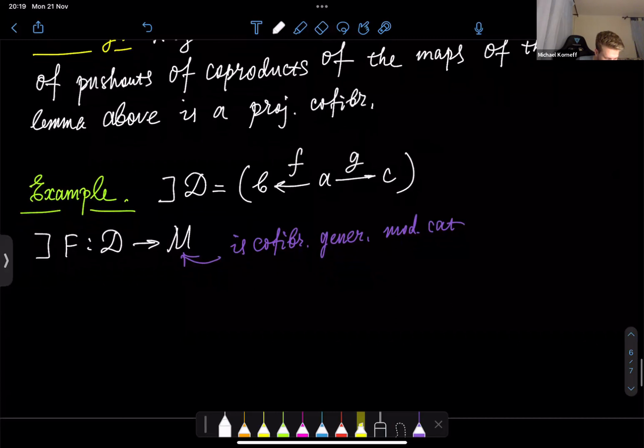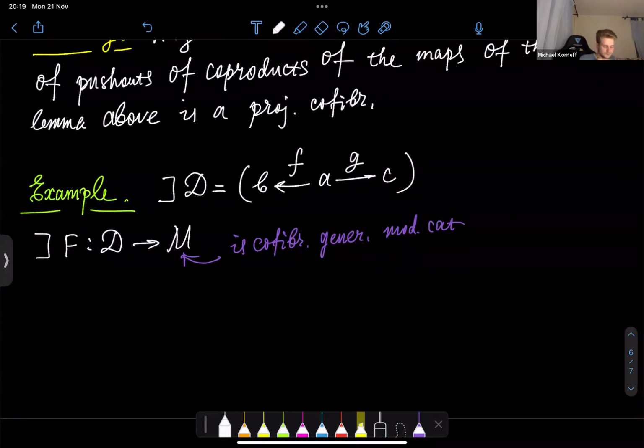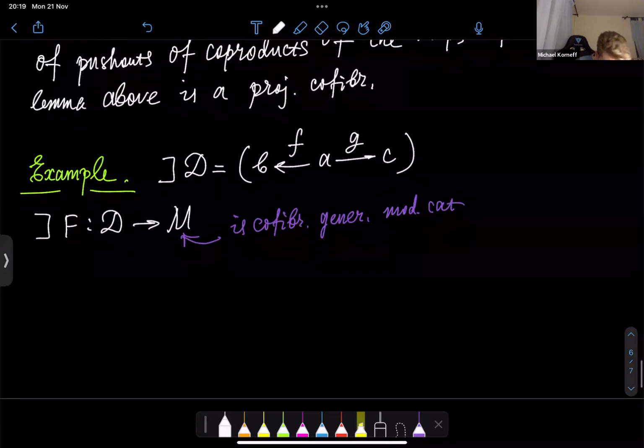So here we use the injective projective model structure.